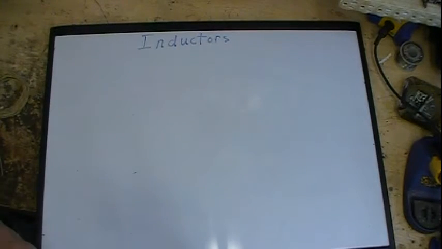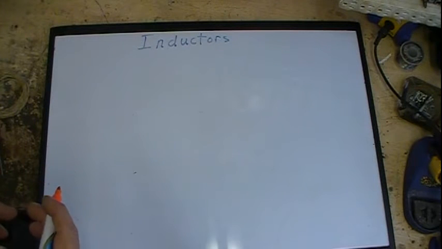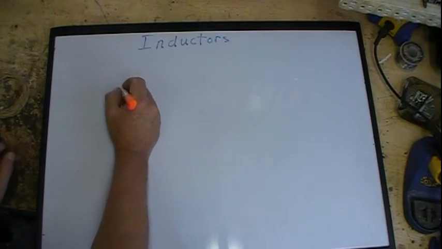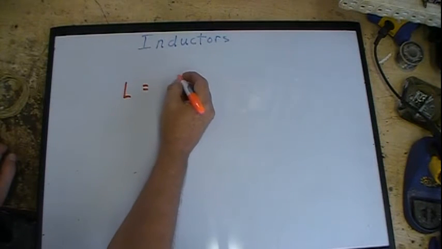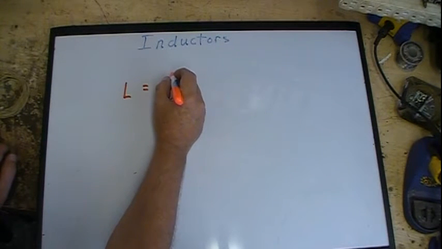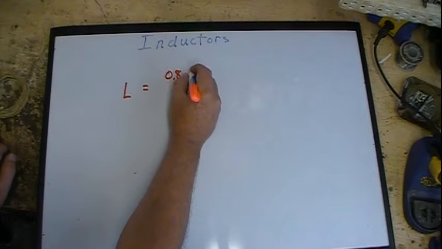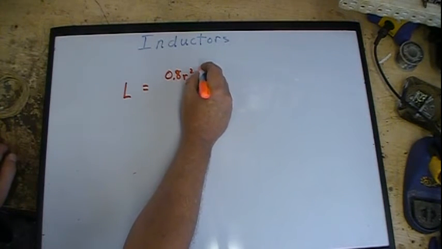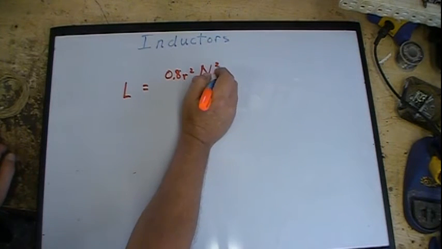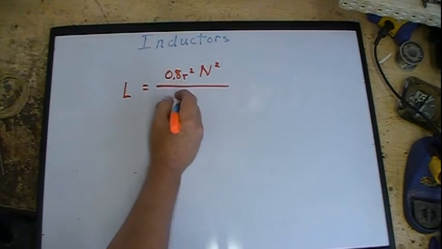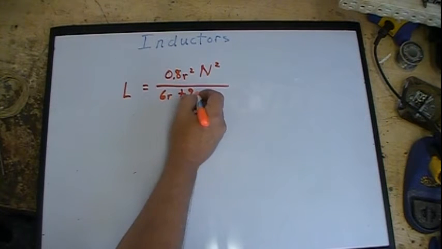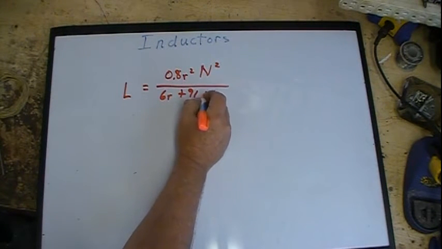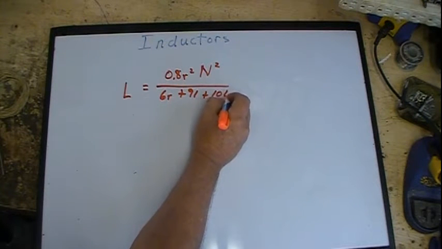If you want to know a multi-layer coil, then its formula is L, in microhenries, equals 0.8 times radius squared in inches, times number of turns squared, divided by 6 times the radius plus 9 times the length in inches plus 10 times the thickness.